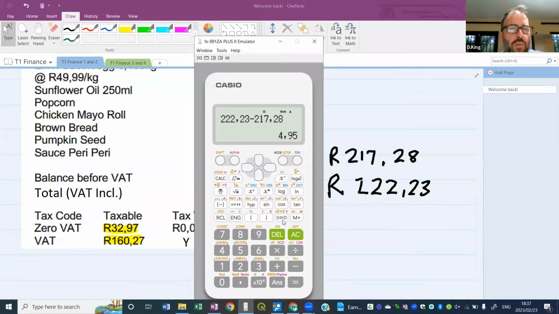But if we bought a lot of zero VAT rated items, healthy food like fruit and vegetables, legumes, green beans, lentils, sugar beans, samp, cabbage, spinach, sunflower oil, milk, bread, basic stuff. If you bought these basic items, you'd be saving quite a bit of money.